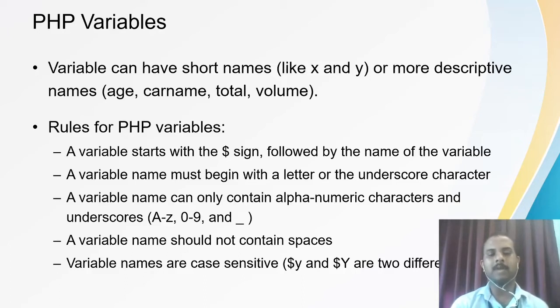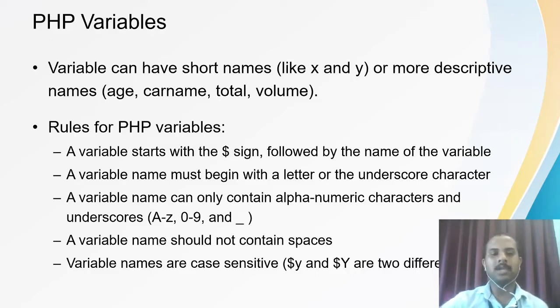Car name, that means you are going to store the car name. Total, it is the total of something, for example total of marks, total of price, anything. Volume, the quantity, right? So you can give a descriptive name or a short name. Preferably, it is better to give a descriptive name.